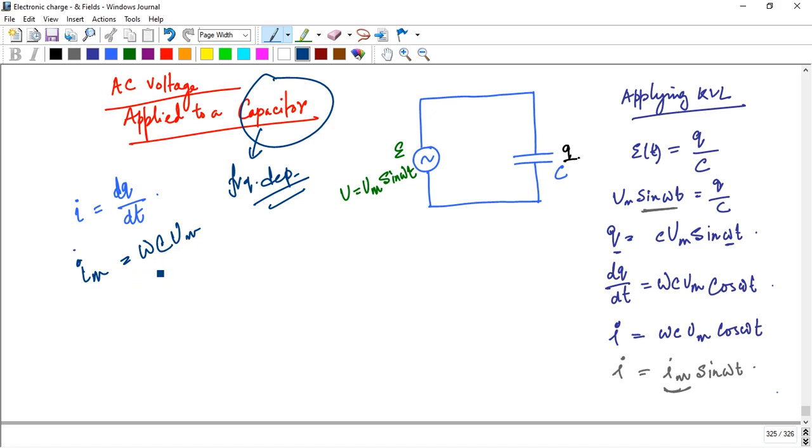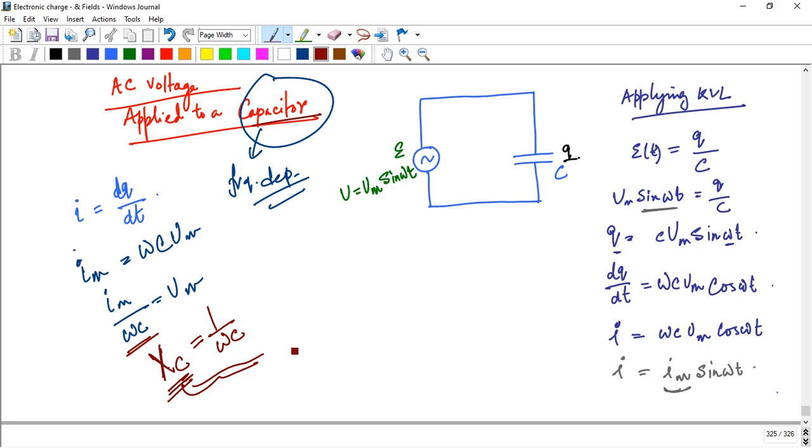From Ohm's law, Vm equals Im by omega C, just as V equals IR. Here this term is XC, equal to 1 by omega C. XC looks almost like a resistor, but in the case of capacitors it is frequency dependent.